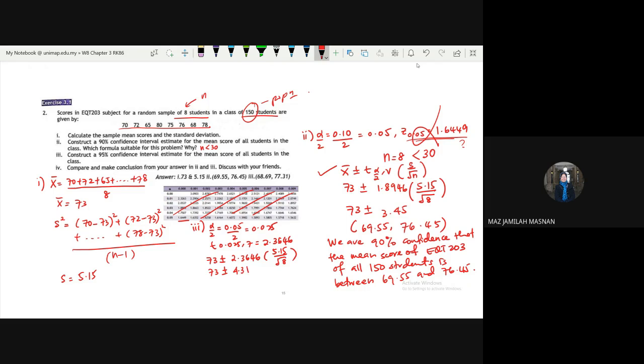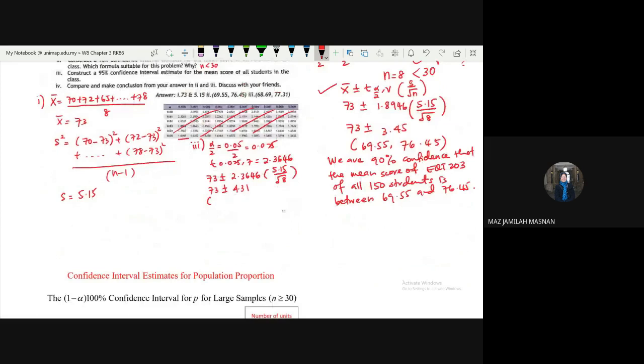So your interval would be between 73 minus 4.31, which gives 68.69, until 77.31.